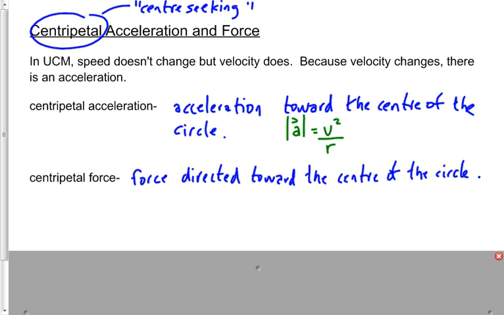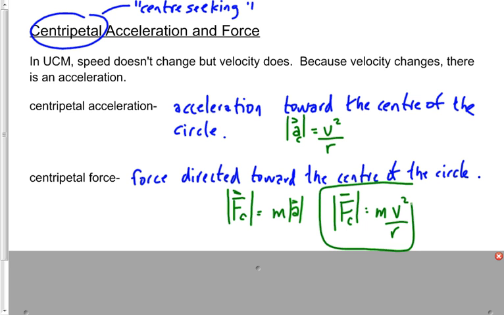Well, centripetal force, we're also not going to get the direction of the force, but that's okay, because we already know the direction. It's toward the center of the circle. Centripetal force would be m times a. But what's the acceleration? V squared over r.